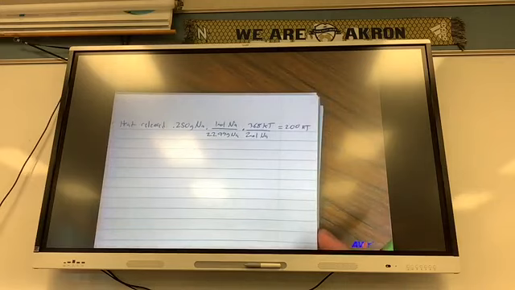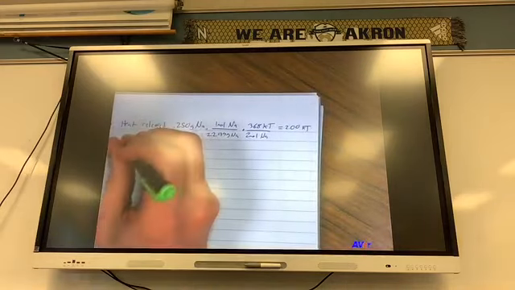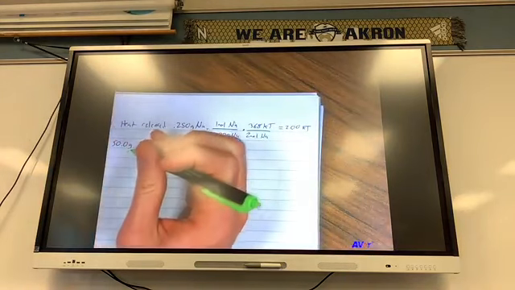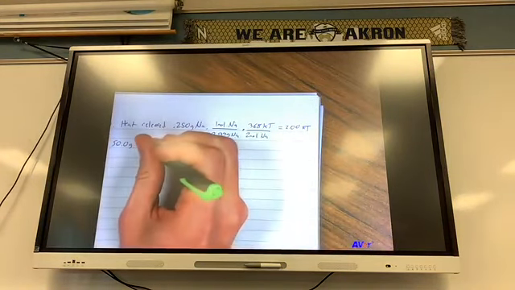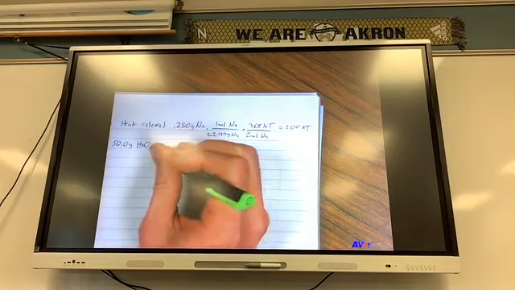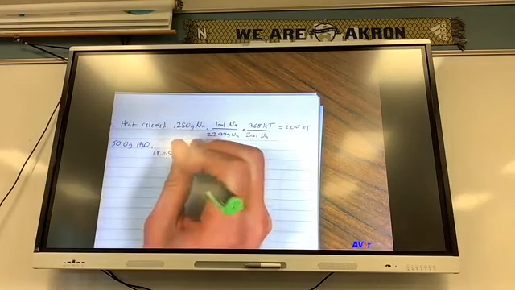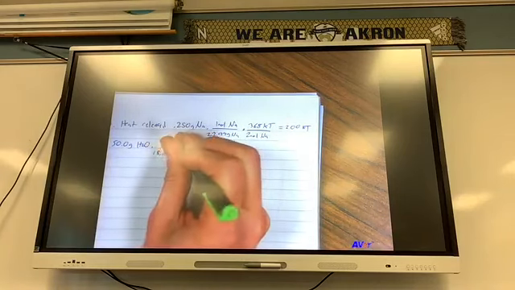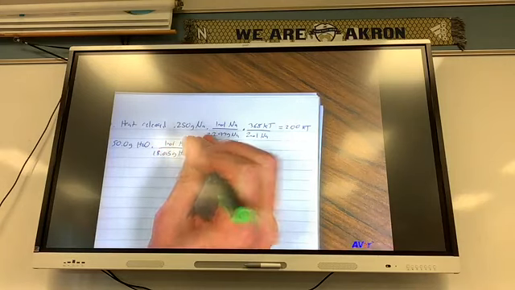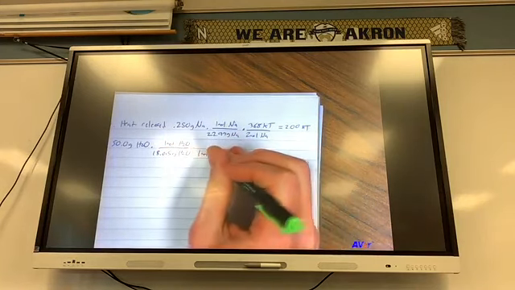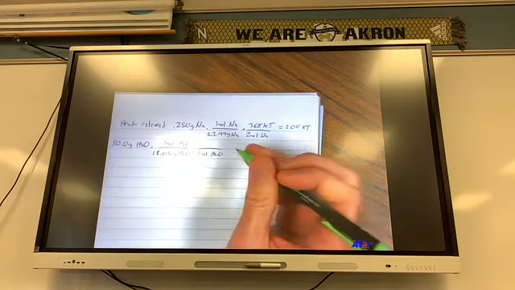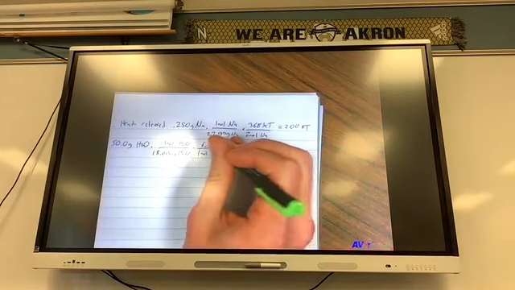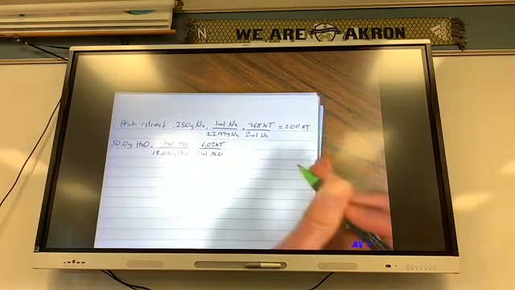So now I have to figure out how much heat it takes to melt 50 grams, right? So I have 50.0 grams of H2O times 1 mole of H2O over 18.015 grams of H2O. And for 1 mole of H2O, the heat of fusion is 6.02 kilojoules.